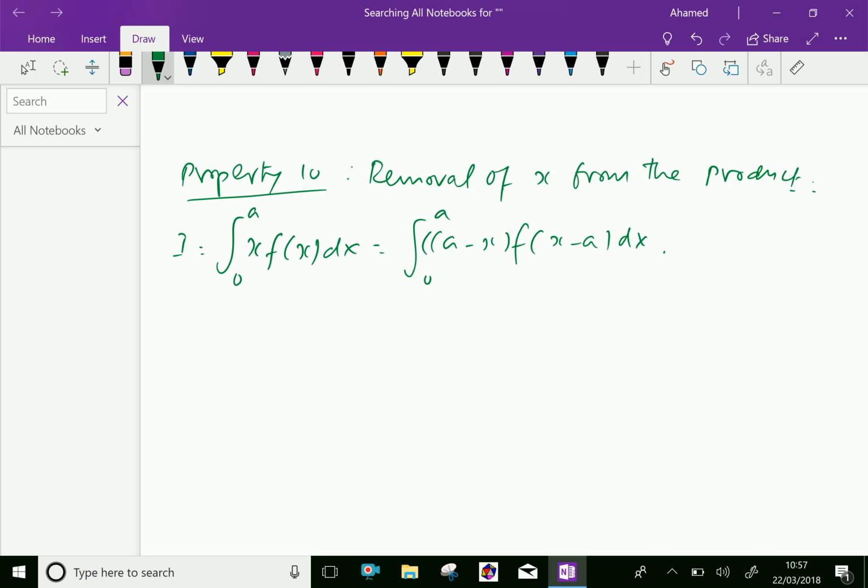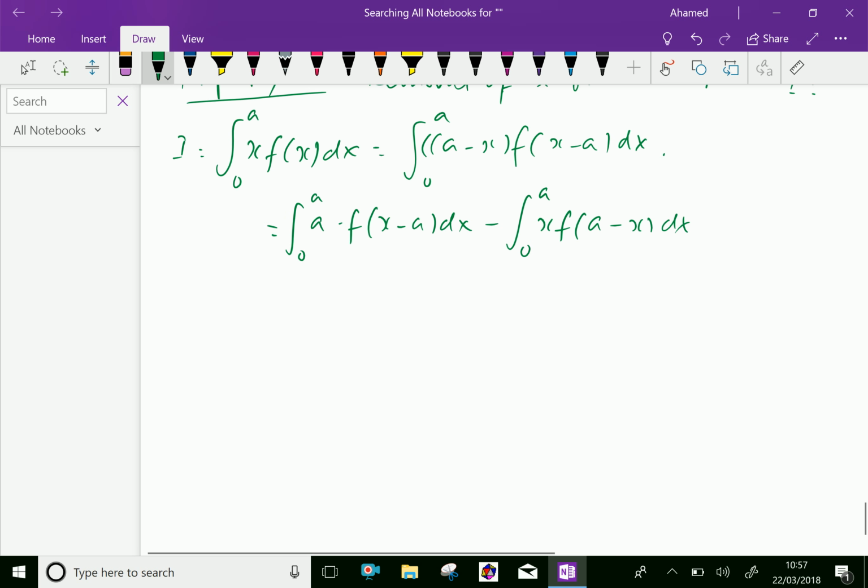Now this is property 4 like before we discussed. Then further we are using 0 to a, instead of x we write a minus x, a you are keeping into f of x minus a dx minus integral 0 to a x f of a minus x dx.